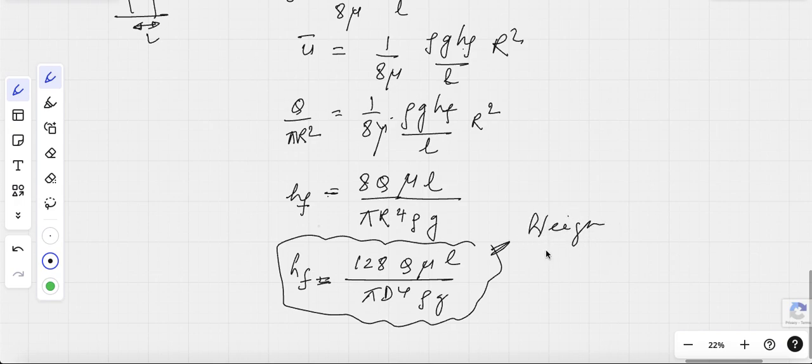Again check the spelling. I'm not sure if this is the correct spelling.